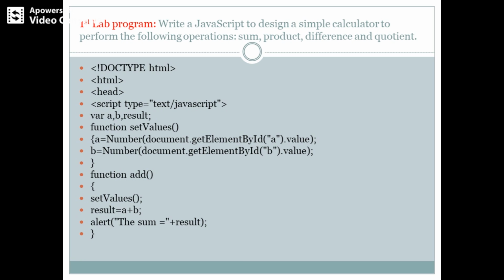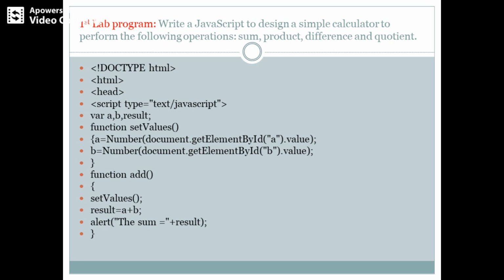Number of document.getElementById. getElementById is a method, and this method gets the ID associated with that HTML element, and it is done through the document object. So object.property or object.method.attribute value. Here, just getting the element by ID is not enough.